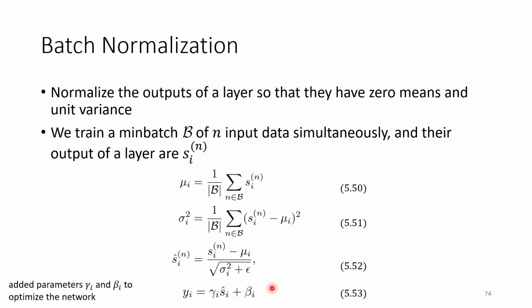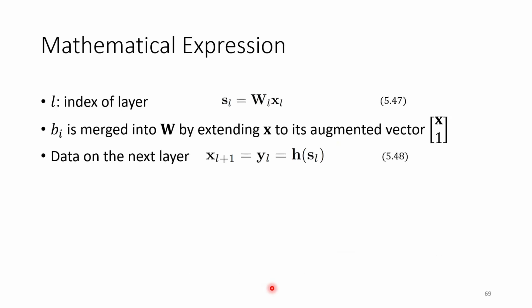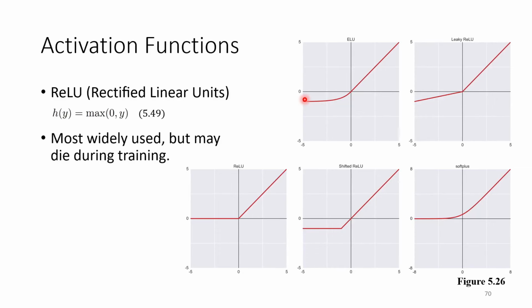Because all of those calculations are matrix computations, except the activation function. And if you set the activation function as a ReLU, you still can compute those values in parallel.